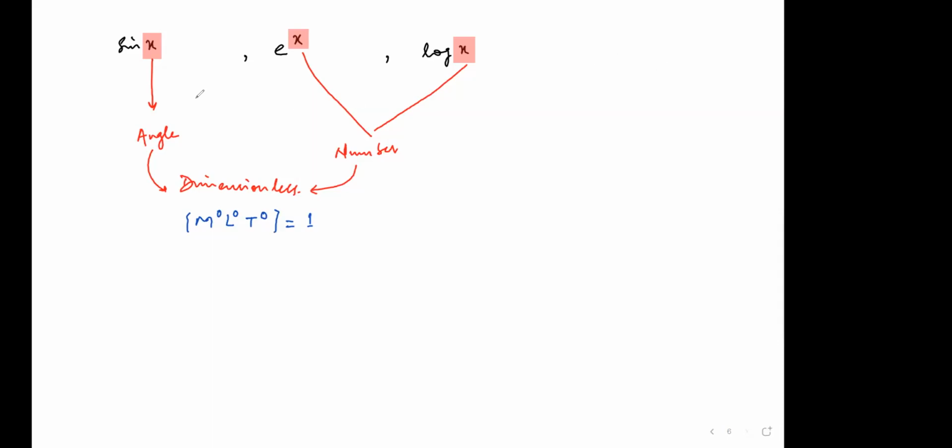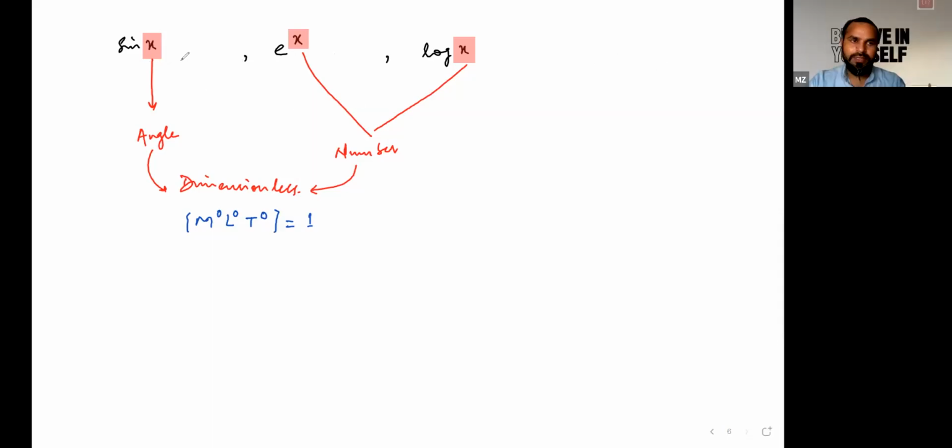Yes, sir. So in these three examples, x is defining nothing but any dimensionless quantity. Similarly, if we take the value itself, sine of x, e raised to the power x, and log of x, this whole part, sine of any angle, this whole part, exponential of any number, and this whole part, log of any number, would define nothing but a fixed number.